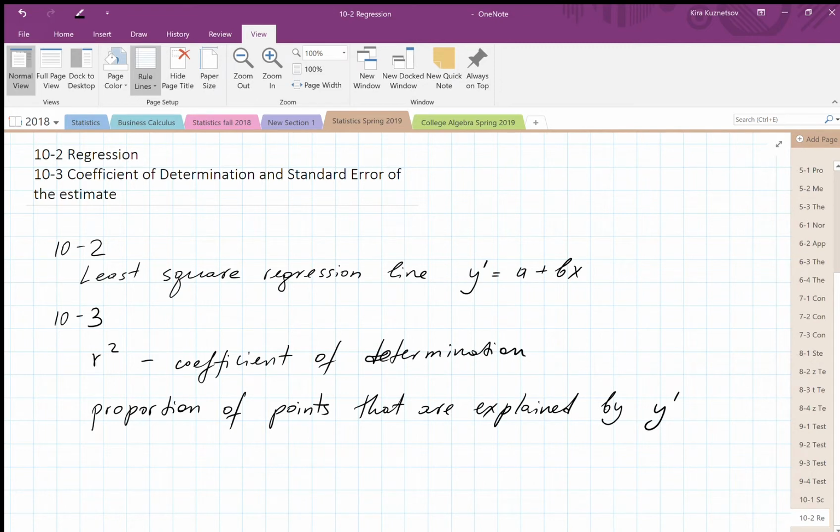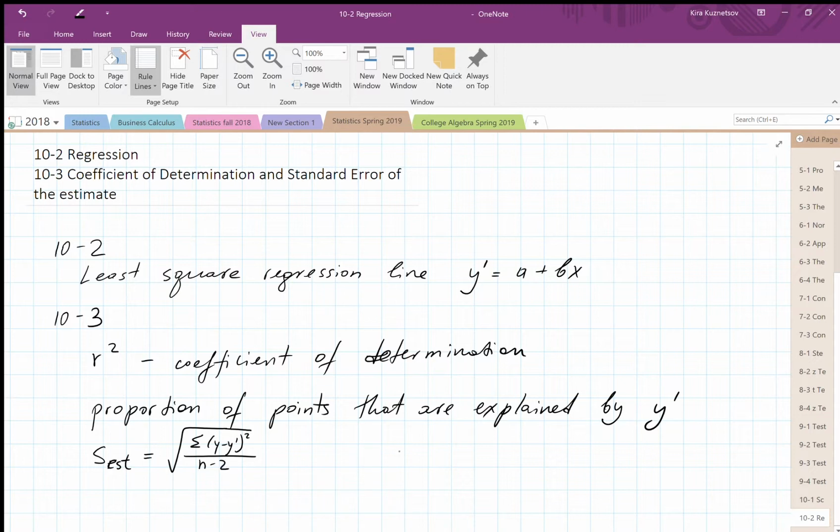The standard error of the estimate is labeled in the book by S sub EST, like this. It is given by the formula square root. You need to add up all of the differences between y and y prime squared divided by n minus 2.